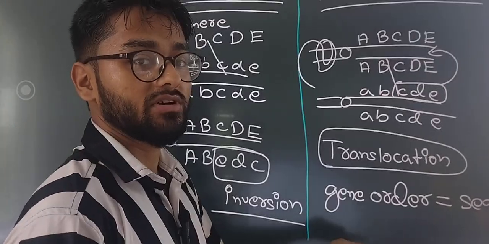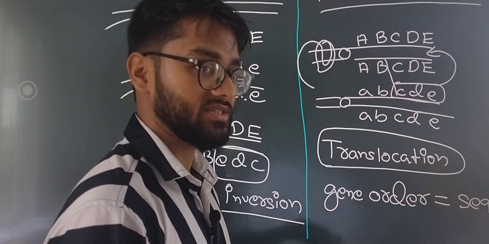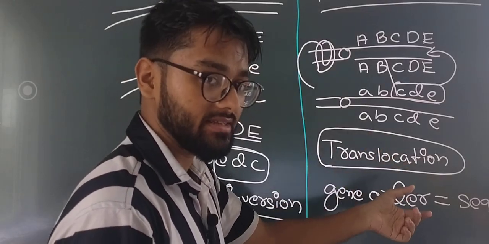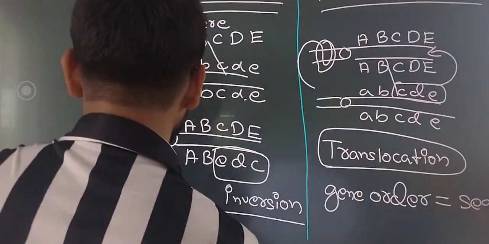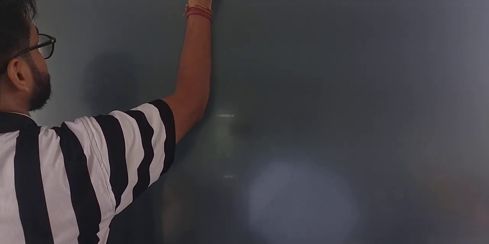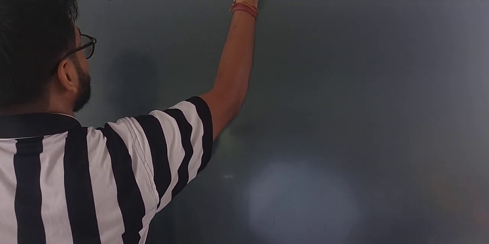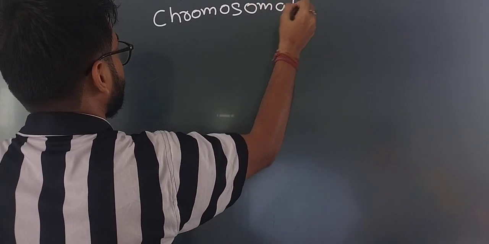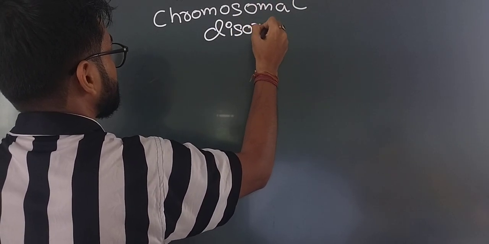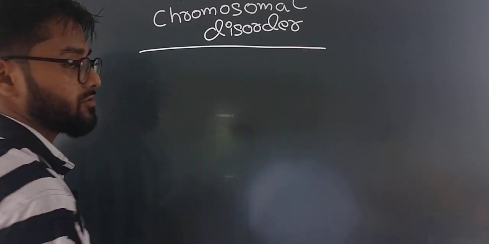This gene order is disturbed, and whenever it is disturbed, the functional protein that you are going to get from this is also modified. So what is the outcome of all this? This causes a genetic disorder, or a structural disorder or chromosomal disorder.